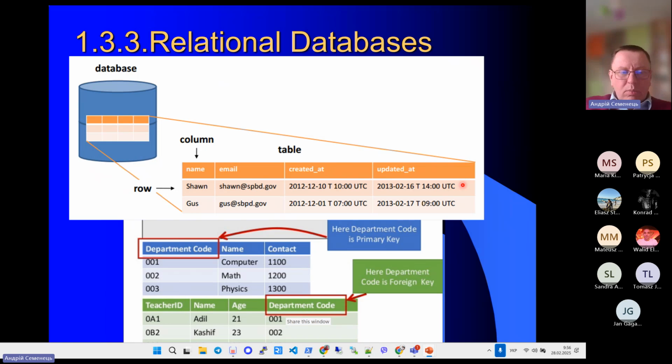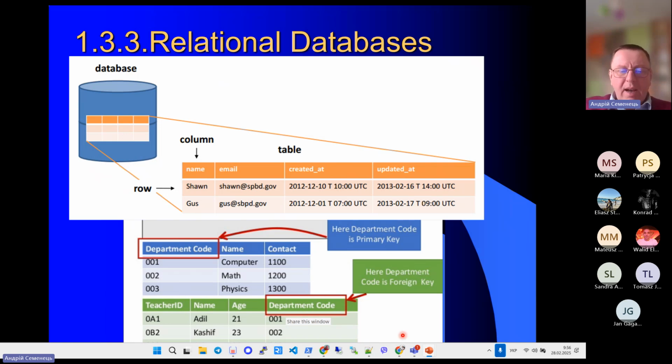Each row is designated to store information about one instance of an object, let's say one person. So we have strict limitation over the purpose of columns and over the purpose of rows.